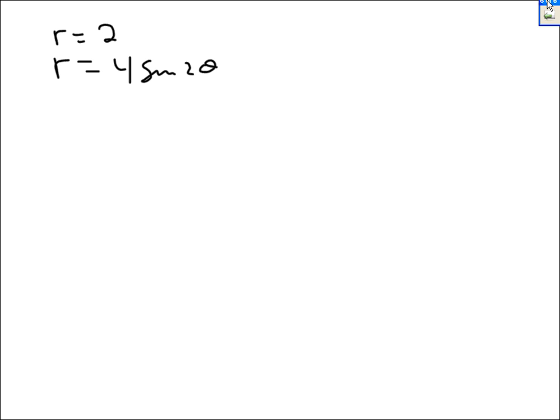Now let's graph this. The second graph, r equals 4 sine 2 theta, looks like one of these multi-leaf roses. So we take the sine of 2 theta, we set it equal to the magic number, excuse me, 1.